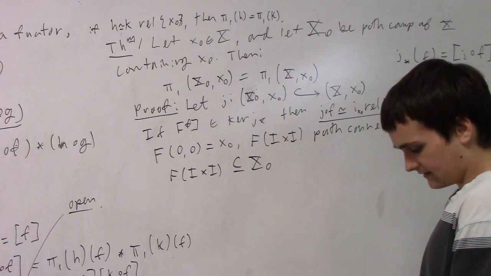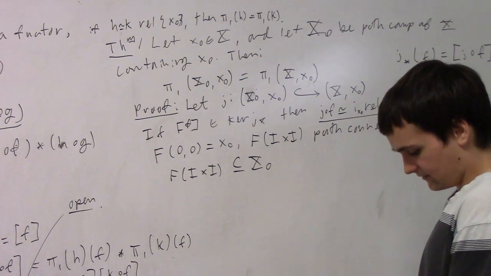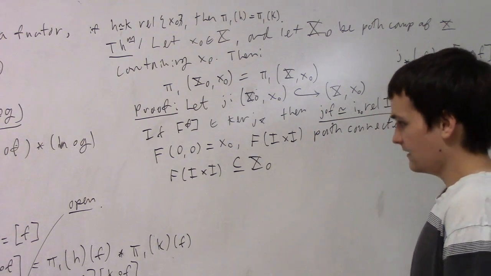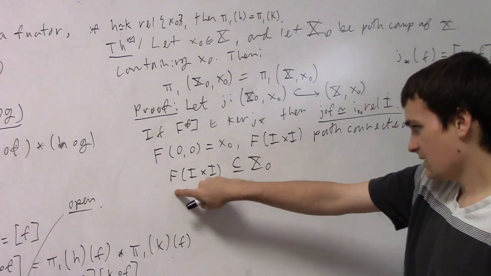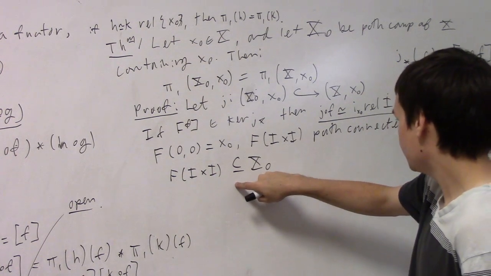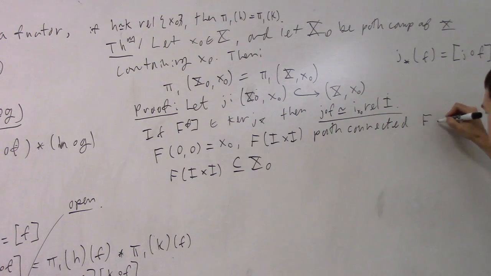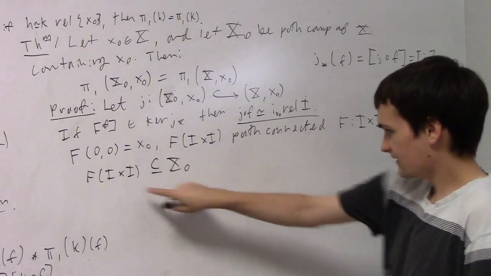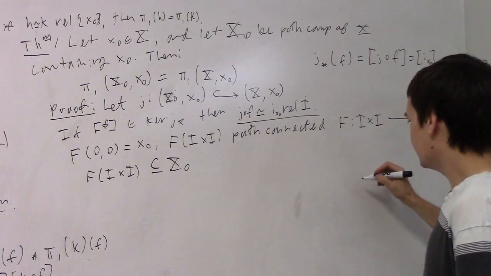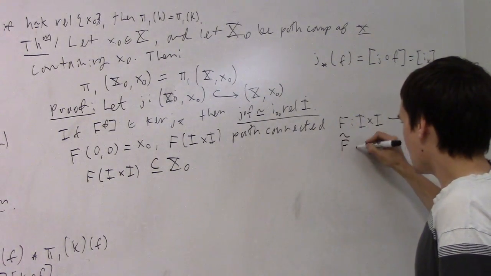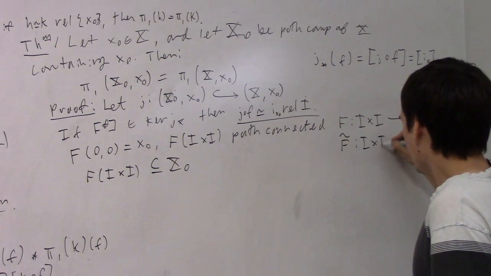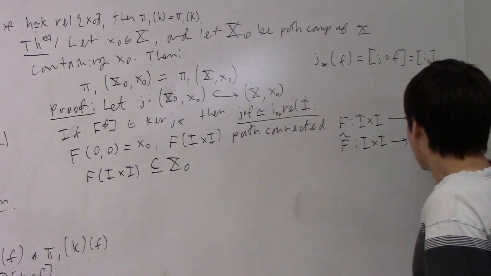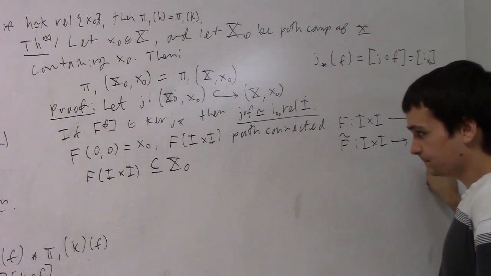So now they say it is a simple matter to see that f is null homotopic in big X naught. That's because, strictly speaking, this map is a function from I cross I to X. But because the image is actually contained in big X naught, we can also view this as a map from I cross I to big X naught.